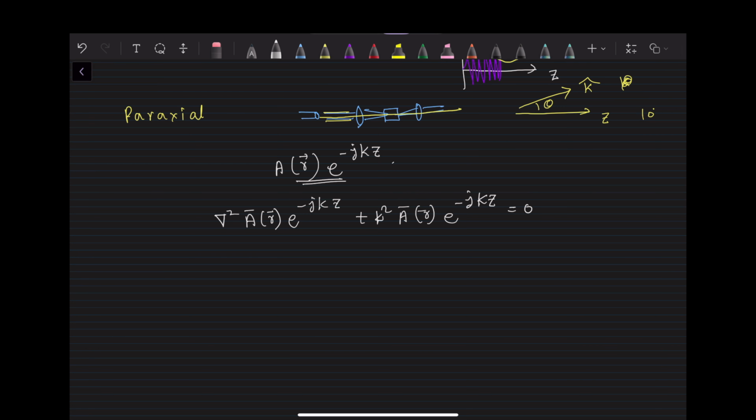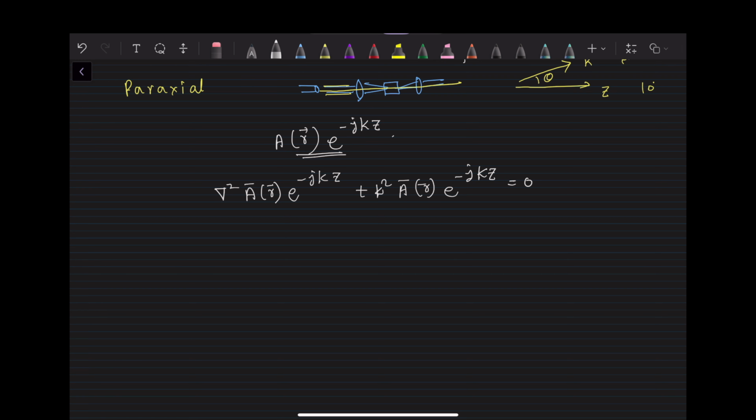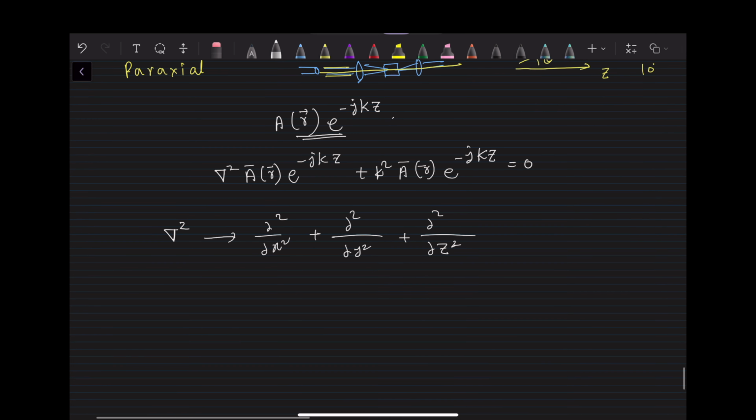And here I want to introduce to you this Laplacian, these three terms, right? Now let's separate these two and this.